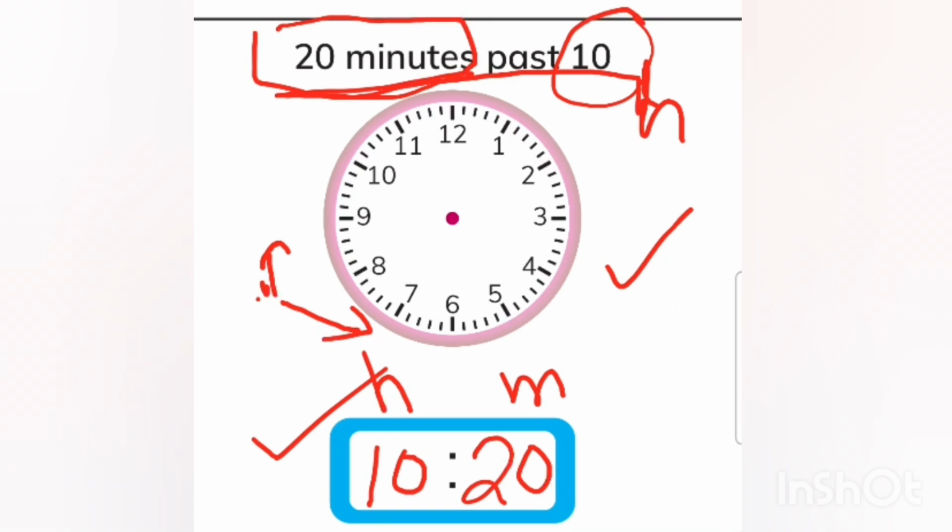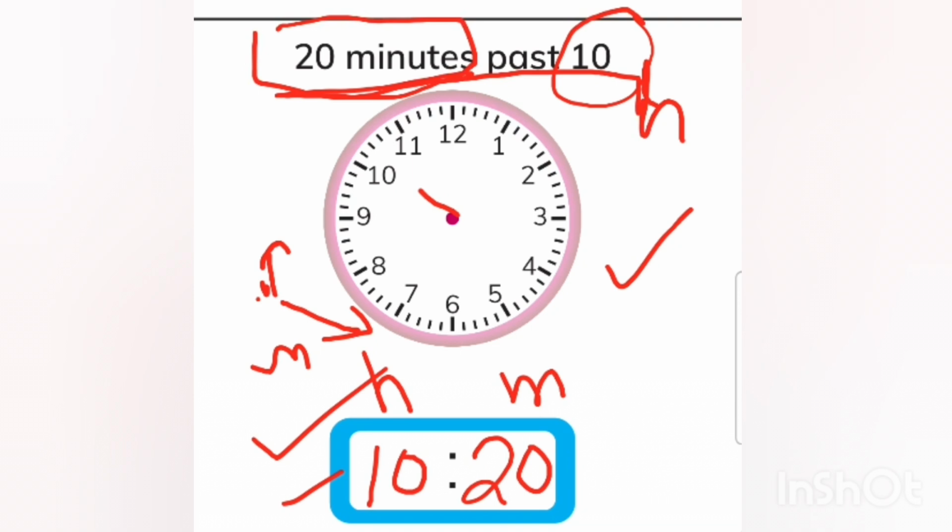The big needle will show the minutes and the small needle will show the hour. So here how many hours are there? 10 hours. But we will not put the small needle exactly on 10; it will be in between 10 and 11.